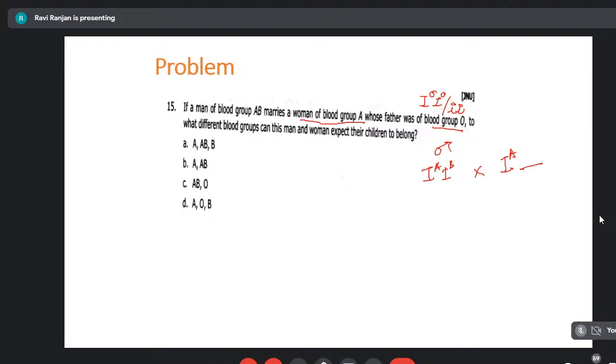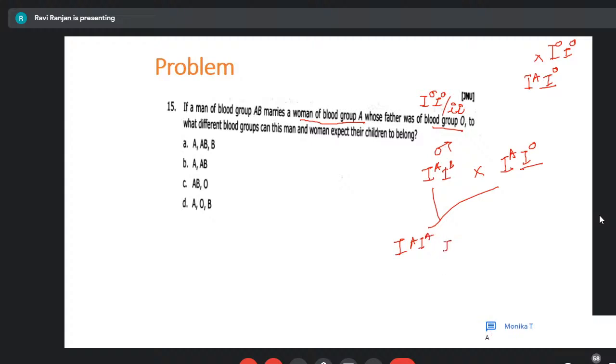Okay. So now, she will definitely receive one allele from the father, because this woman has blood group A, and her father is O, so she will definitely receive one allele IO from the father. So when IAIB is crossed with IAIO, you see that you have IAIA, you have IAIO, you also have IAIB, as well as you have IBIO.